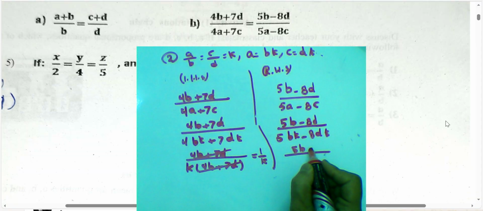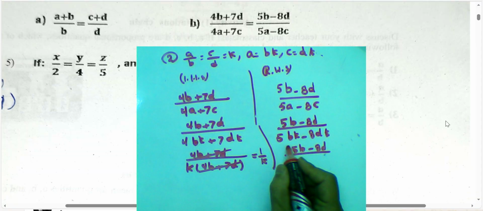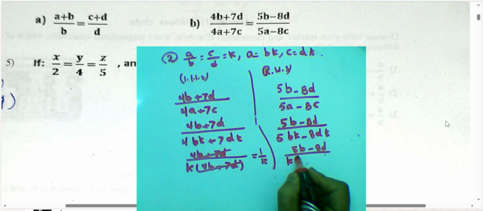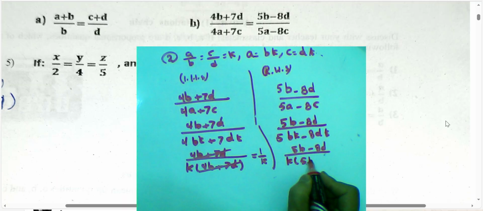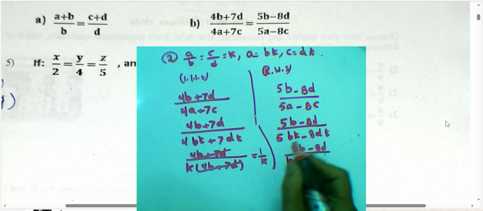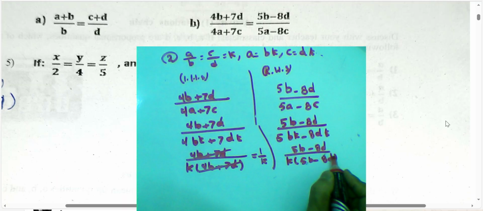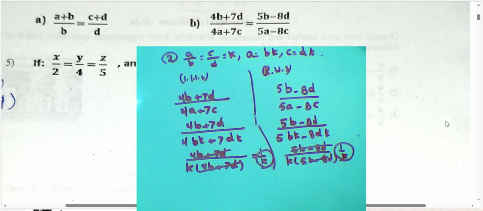Then we have 5B minus 8D over, we can write K has cofactors, then we have 5B and 8D, then the result will be 1 over K. Then left hand side equals right hand side equals 1 over K.